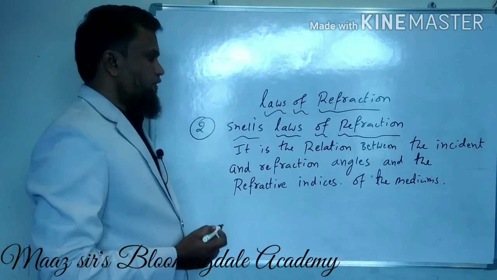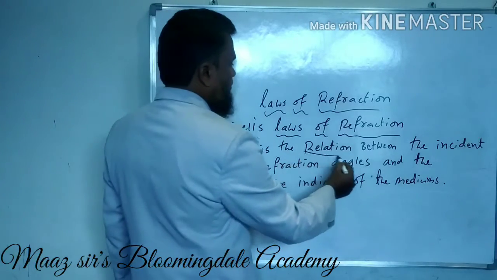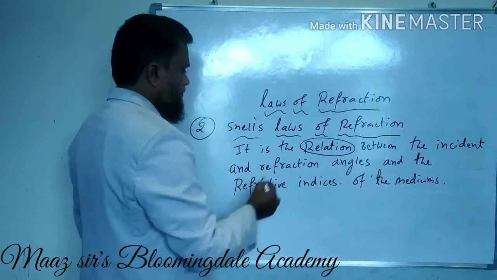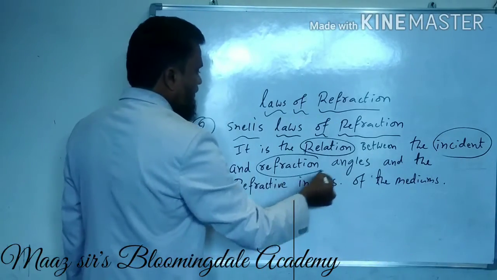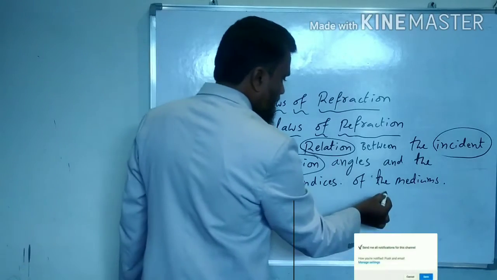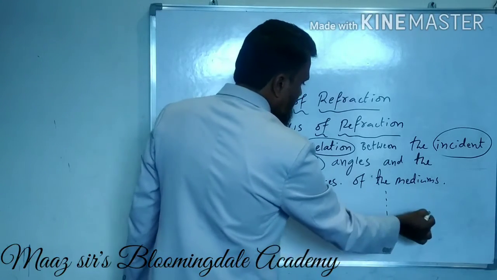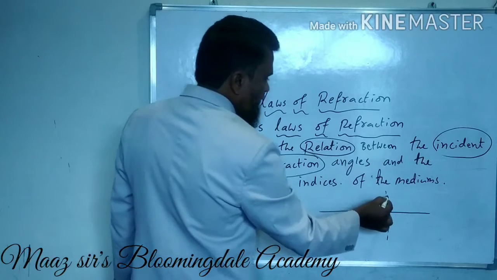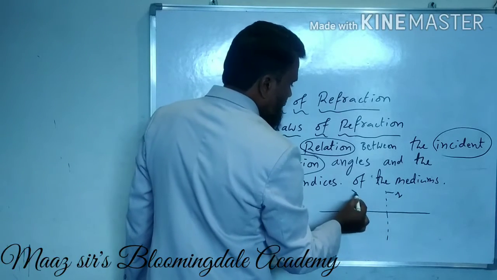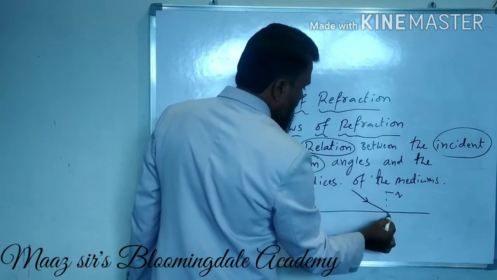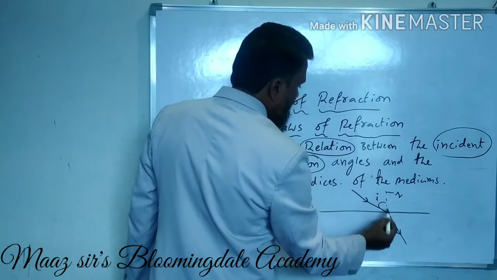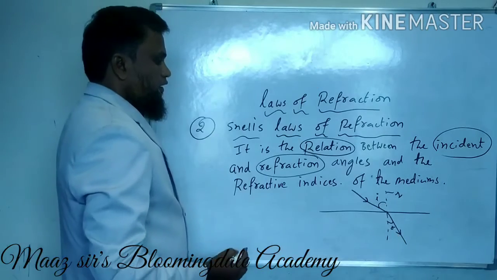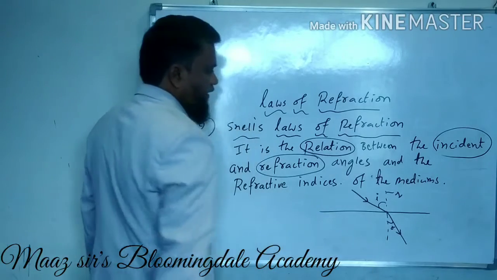In short, it tells about the relation between the incident angle and the refraction angle. For example, as usual, this is the surface and this is the normal. This is your incident ray and this is the refracted ray. This is the angle of incidence and this is the angle of refraction.